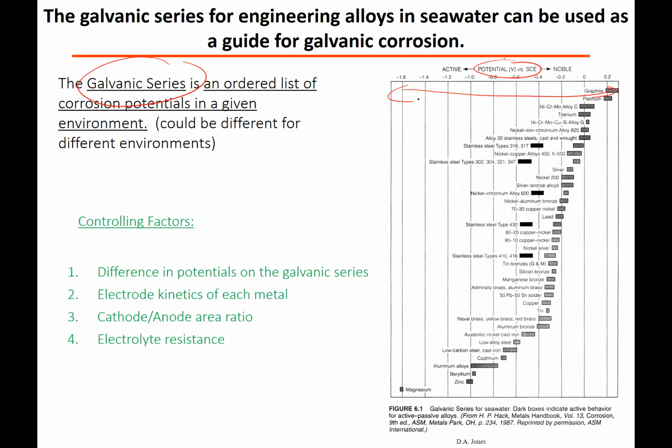Okay, so what you want to do is look at the potential, and materials that are closer to this end are more noble. Materials that are closer to this end are more active and will be corroded when put up against a dissimilar material that's more noble. Okay, and what I want to draw your attention to is that magnesium here is quite active, zinc is quite active, so I'm looking at these potentials right here, right? Relative to what?